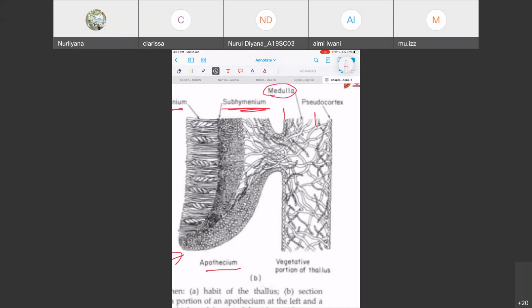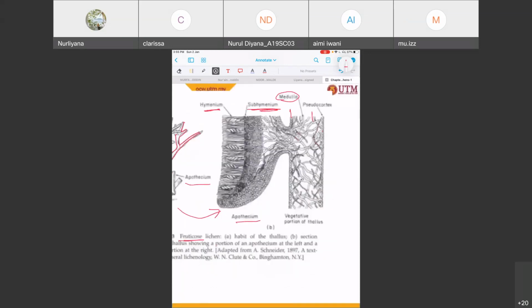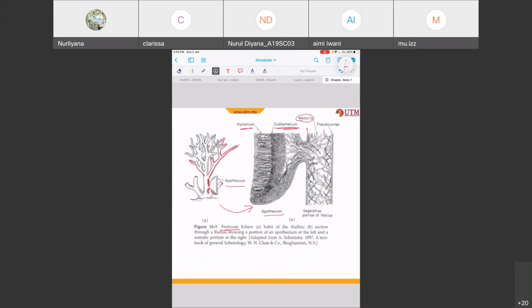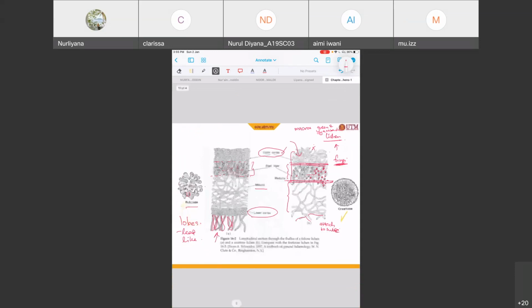Anyone can help? We cannot see the algae here, but I can see there is some tailing here. The algae here are just not tightly packed like this.